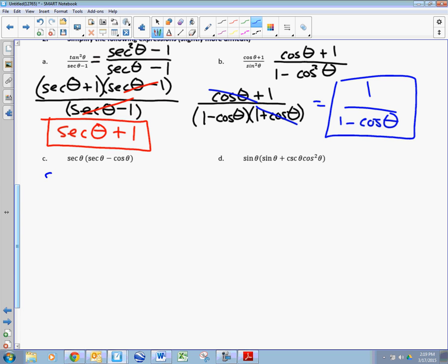So I multiply, I get secant squared of theta minus, what's secant times cosine? What's the relationship between secant and cosine? They are reciprocals. So when you multiply them, you get 1.